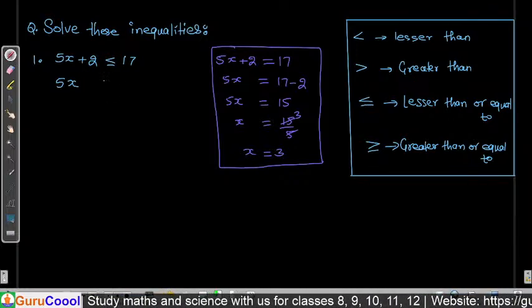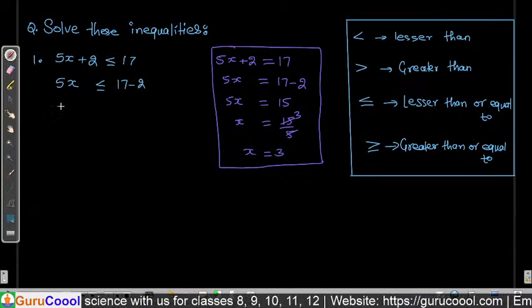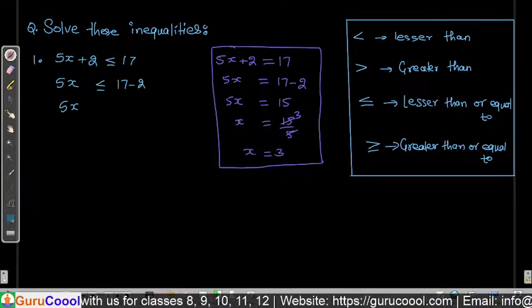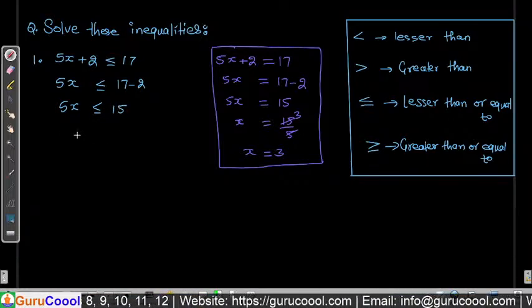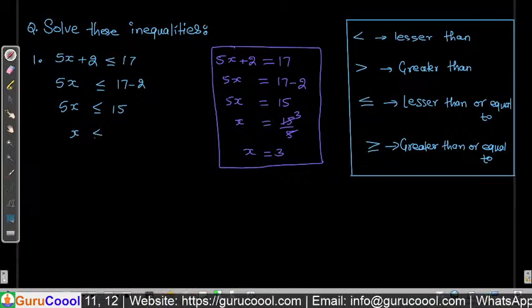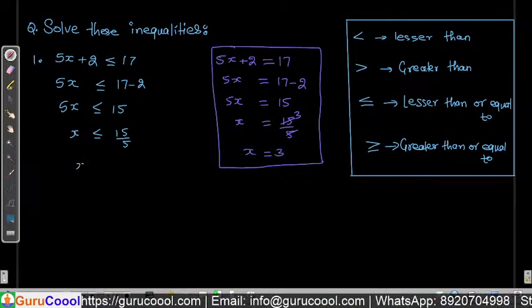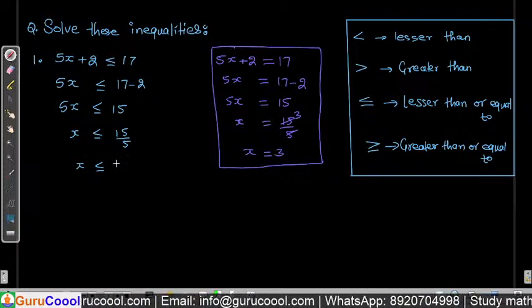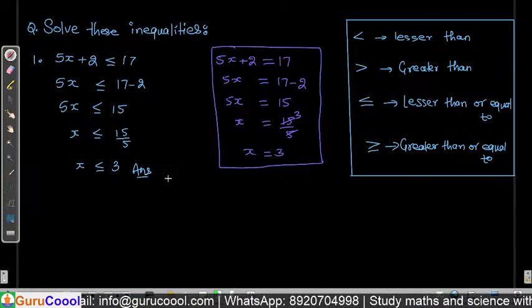So 5x is smaller than or equal to what? 17 minus 2. Then 5x is smaller than or equal to 15. Then x is smaller than or equal to 15 by 5. Then x is smaller than or equal to 3. Done. Got it?